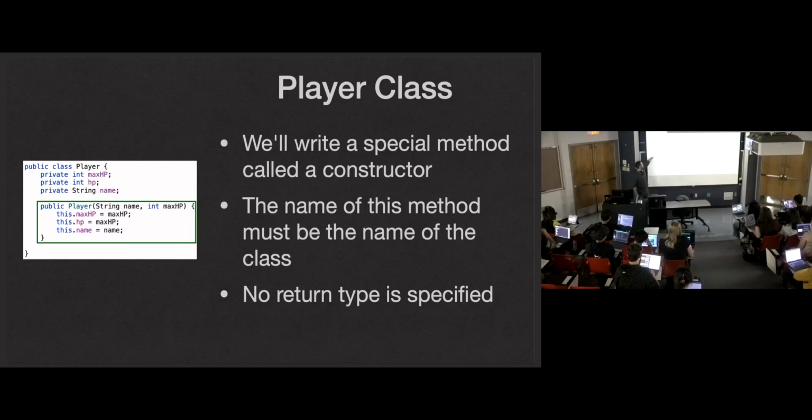If we leave off this dot, everyone likes to ask this one. If I leave off this dot, Java will sometimes get the right thing. It will sometimes know what I'm talking about, but it sometimes won't, and in this case, it actually won't. If I do max HP equals max HP, it's not going to work the way I want it to. But if Java can figure it out, you can leave it off. For my money, I like to always be explicit and say this dot.